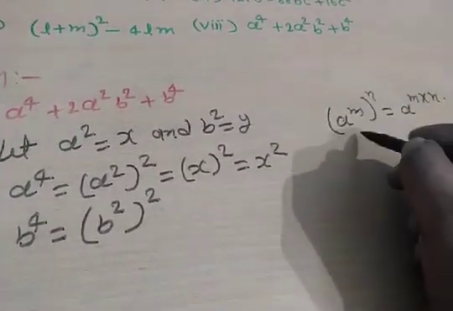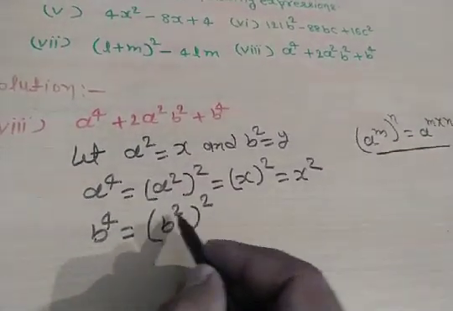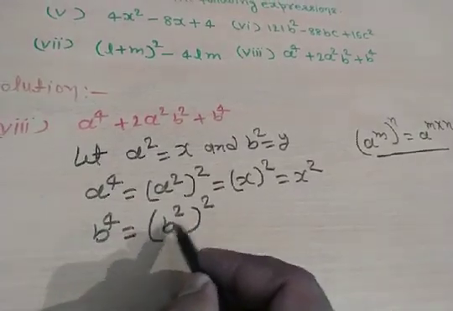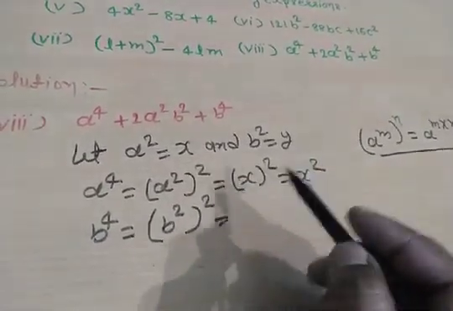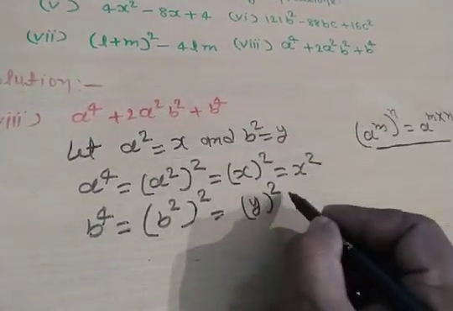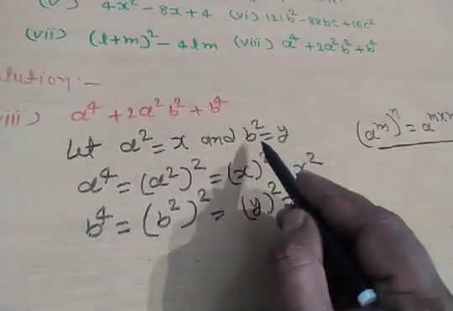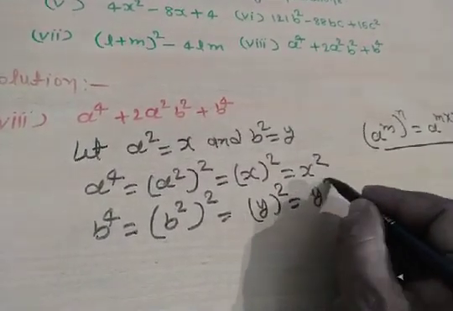Use this law. So 2 into 2 is 4, it becomes 2 into 2, so B power 4. Clear? But here we let B square be y, so this is y power 2, so we obtain y square.